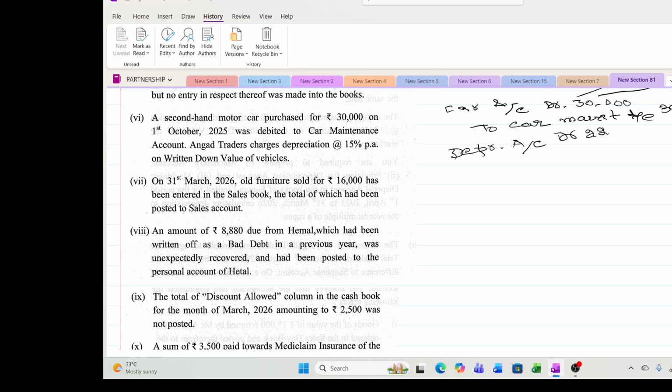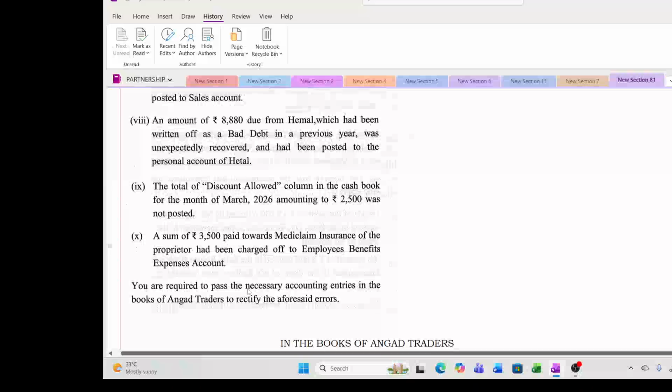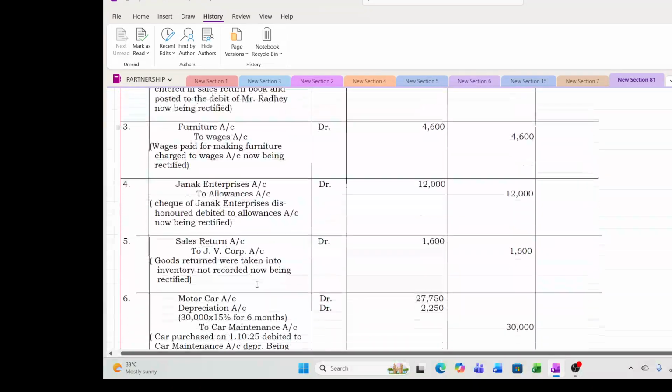You debit depreciation 2250 and credit car account. So the car will get credited by 2250, or you can make a combined entry. I made a combined entry. In that case, car account will be debited with 27750 and depreciation will be debited with 2250. The total amount, car maintenance, will get credited. Hope it's clear to all of you.